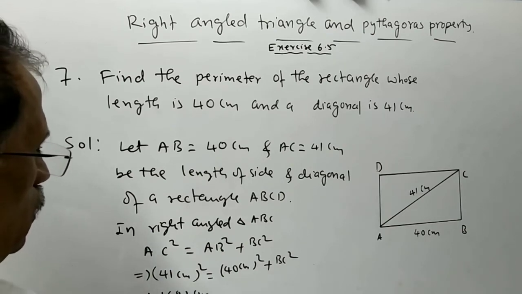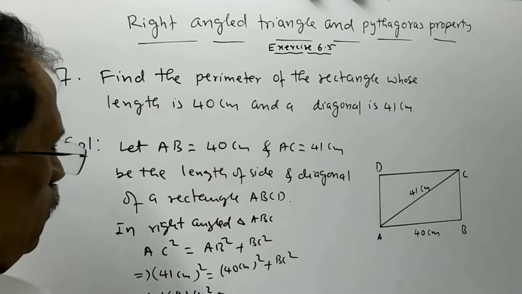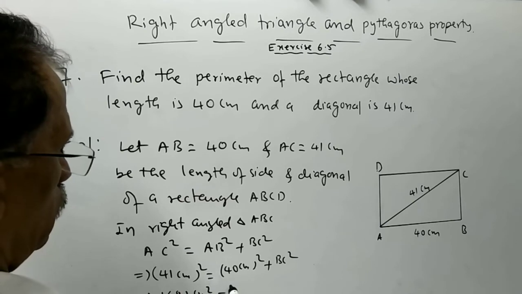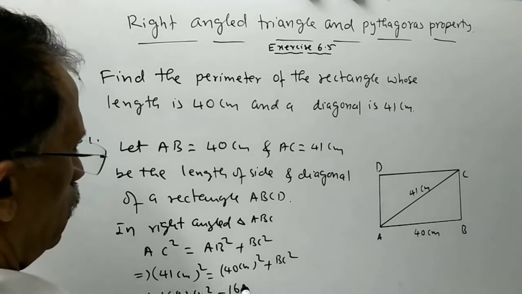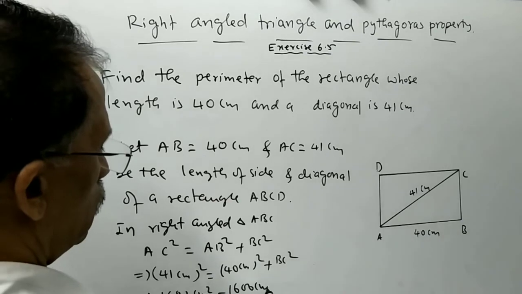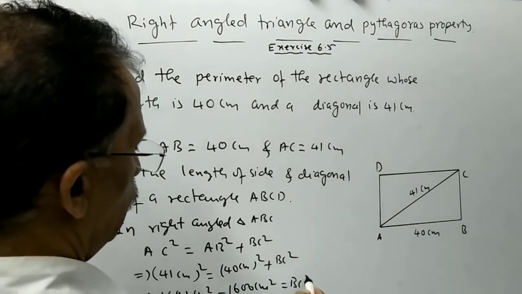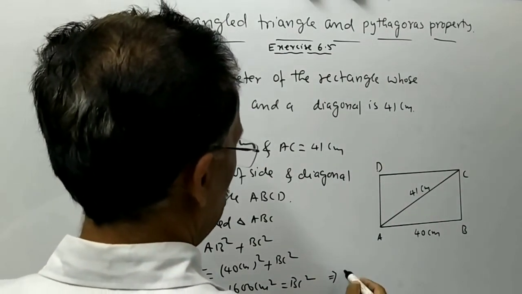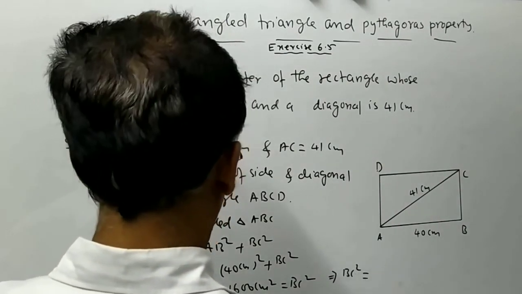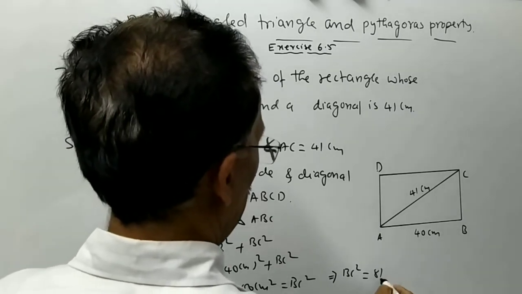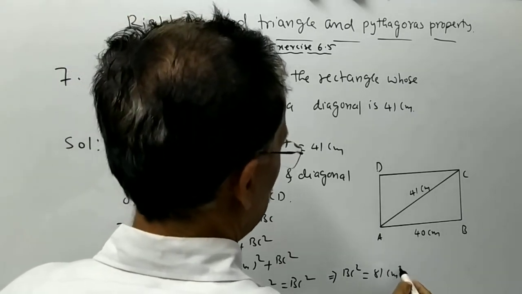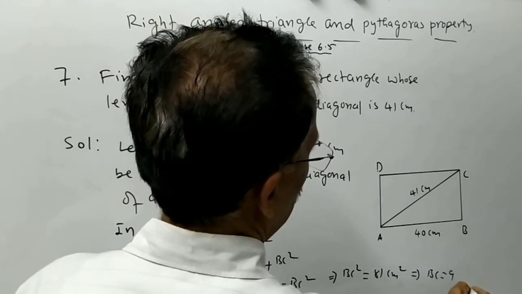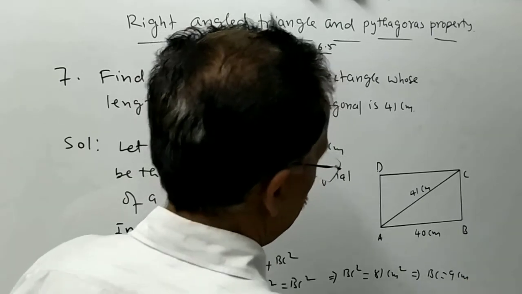This implies 1681 square centimeter minus square of 40 centimeter, 1600 square centimeter, is equal to BC square. Implies BC square is equal to 81 square centimeter, implies BC is equal to 9 centimeter.